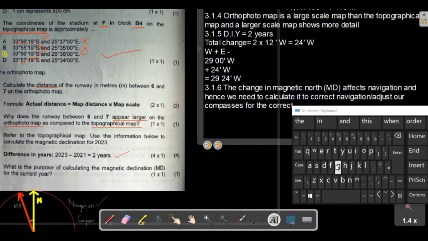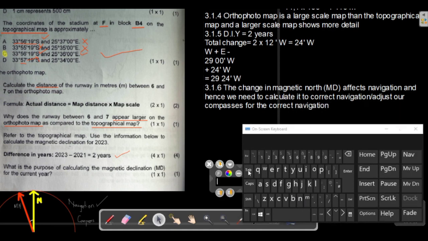By calculating and knowing how much it has changed, you are definitely going to go to the right location, or to the location that you were planning to go to.